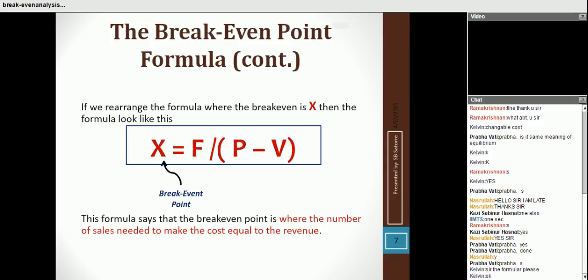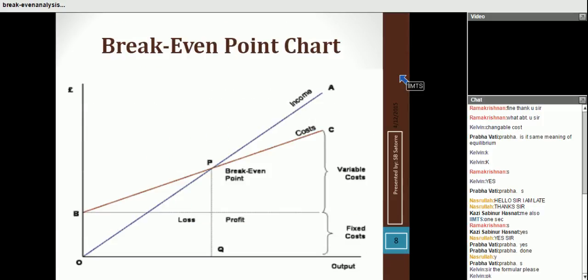Can all of you see the, okay, one second. Kelvin, done?